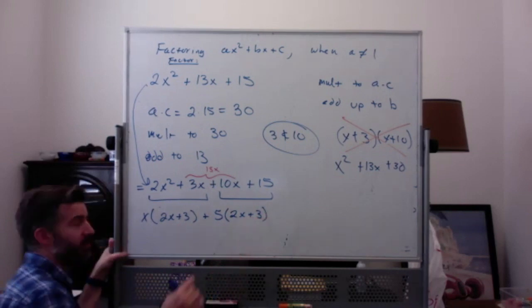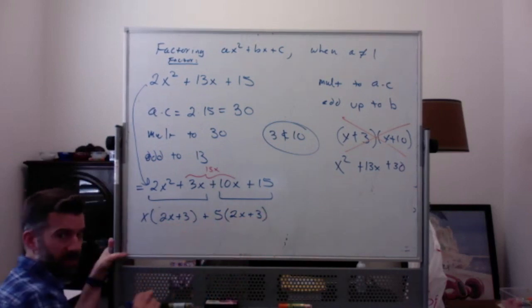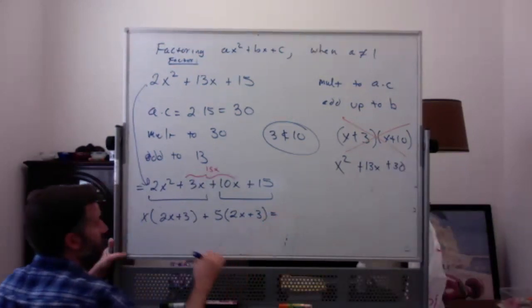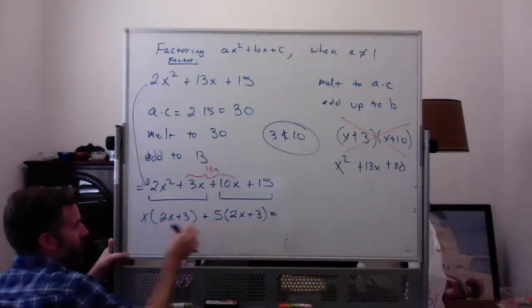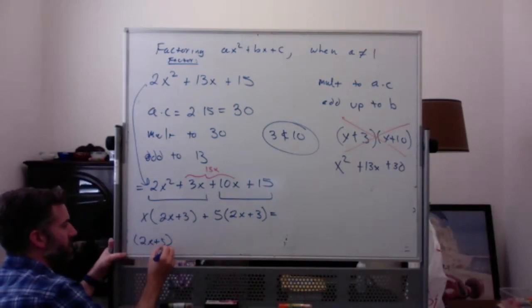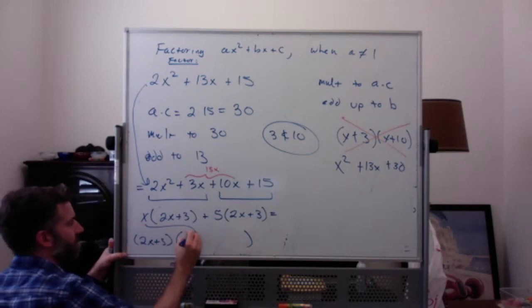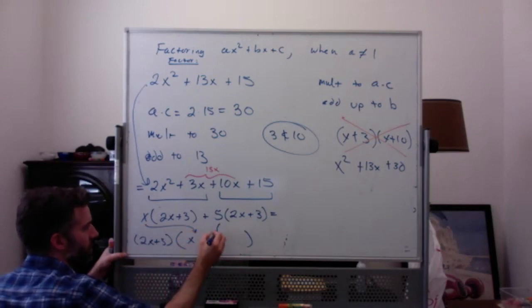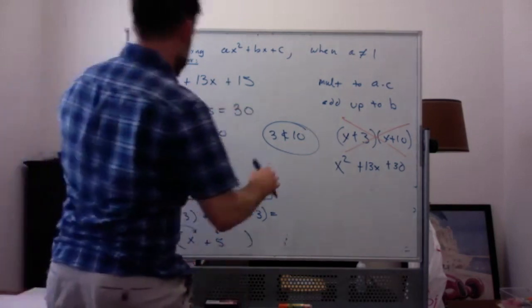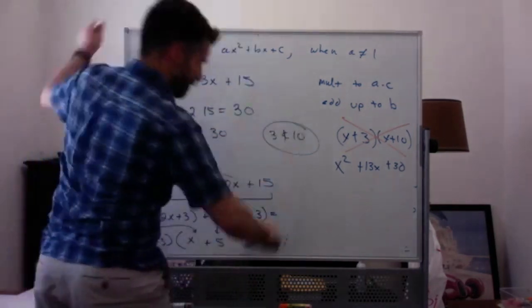You have to end up with the same thing in each of these parentheses, otherwise we've gone the wrong direction. And then from each of these, I'm going to factor out this thing that's the same. So I'm going to factor out the 2x plus 3, and I'm left with an x here and the 5 here. So this factors as 2x plus 3 times x plus 5.